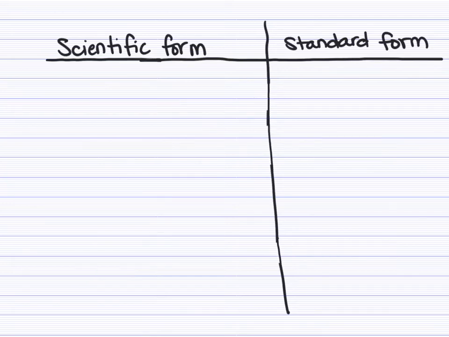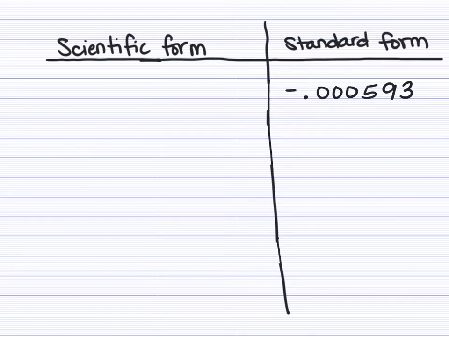Okay, so in these examples, instead of having the number in scientific form, we're going to start with numbers in standard form. So let's do negative. Okay, so here we have our problem. Now first, let's figure out where the decimal has to go. The decimal cannot go there, because if I put the decimal here, my number in front is a 0.